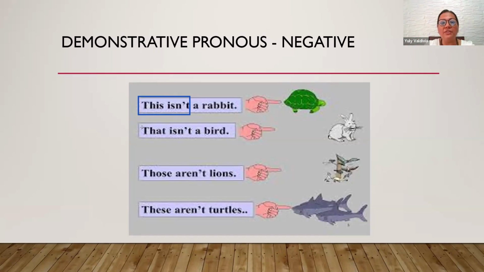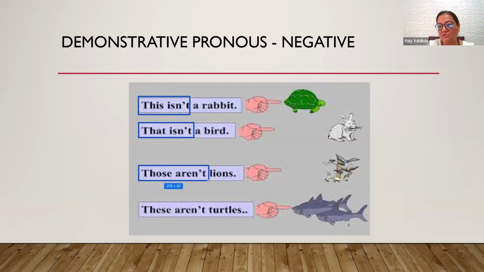What about one thing that is far? That is far. Está lejos, ¿cierto? That isn't a bird. That isn't a bird. Wonderful. What about this? Okay. Many things, many things and they are far. Muchas cosas que están lejos, and we say those aren't.